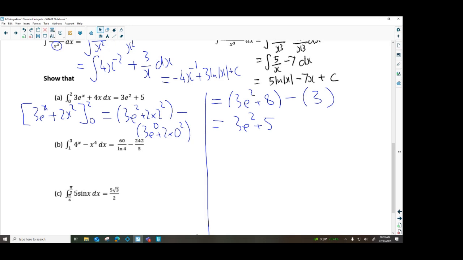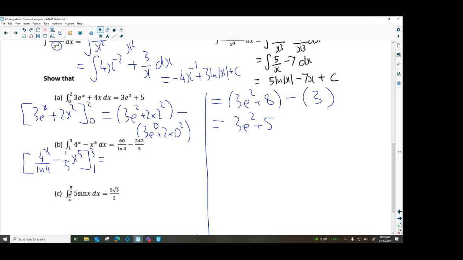Second one, the integral from 1 to 3 of 4 to the x minus x to the 4. I've got to show that's given by this horrible looking expression here. So let's do my integration. So 4 to the x integrates to give 4 to the x over ln 4, minus x to the 4 integrates to give 1/5 x to the 5. Put it in square brackets with a 3 and a 1.